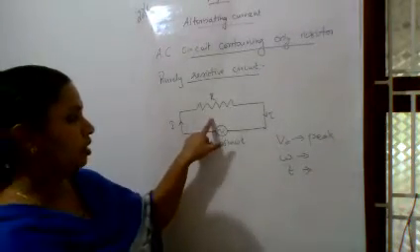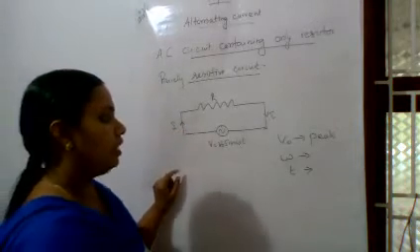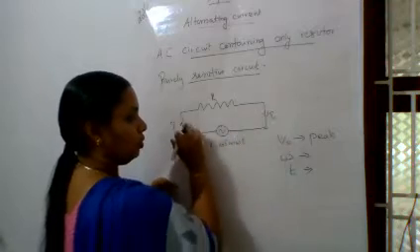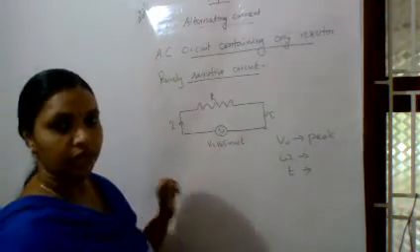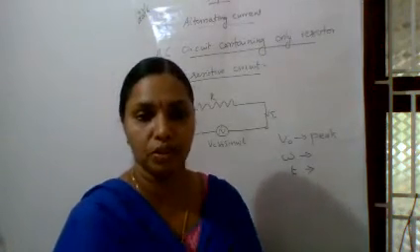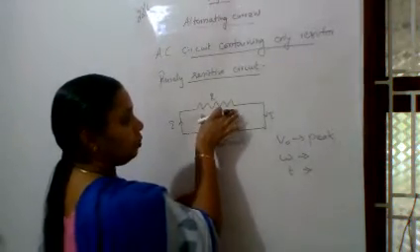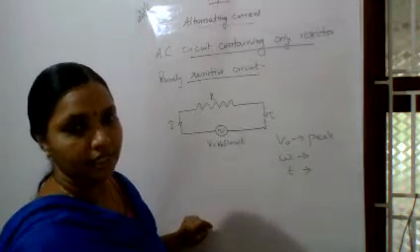And if it flows, there will be a current. Current we are taking as I. And here this is a closed loop. In this closed loop, according to Kirchhoff's second law, or loop law, the applied potential is equal to the sum of the products of current and resistance.